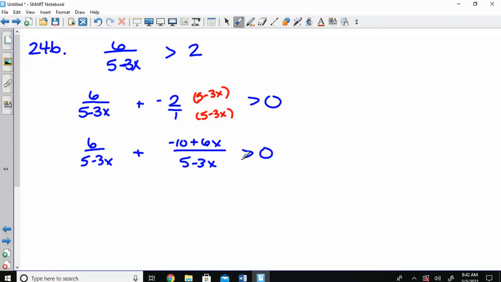Now those denominators match, so we can put them together into one fraction. So you combine like terms on top. So 6 and negative 10 is a negative 4 plus 6x is greater than 0.